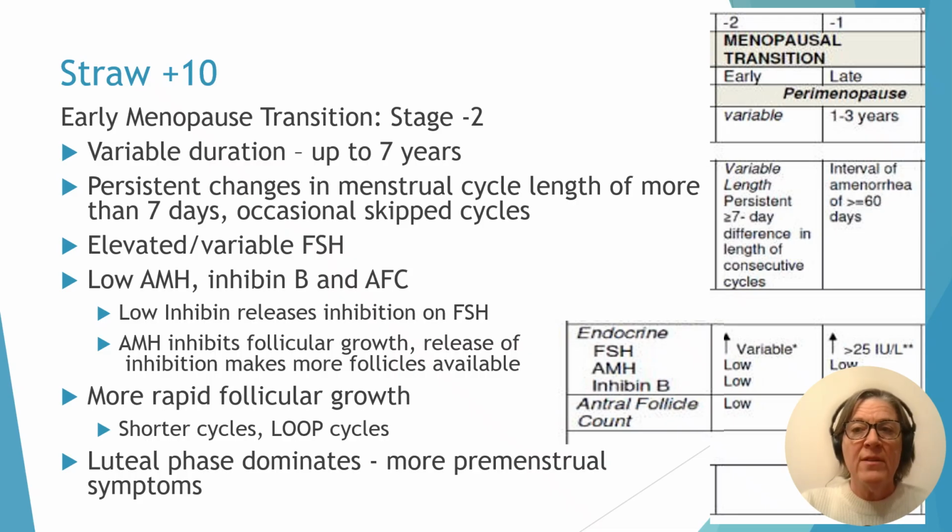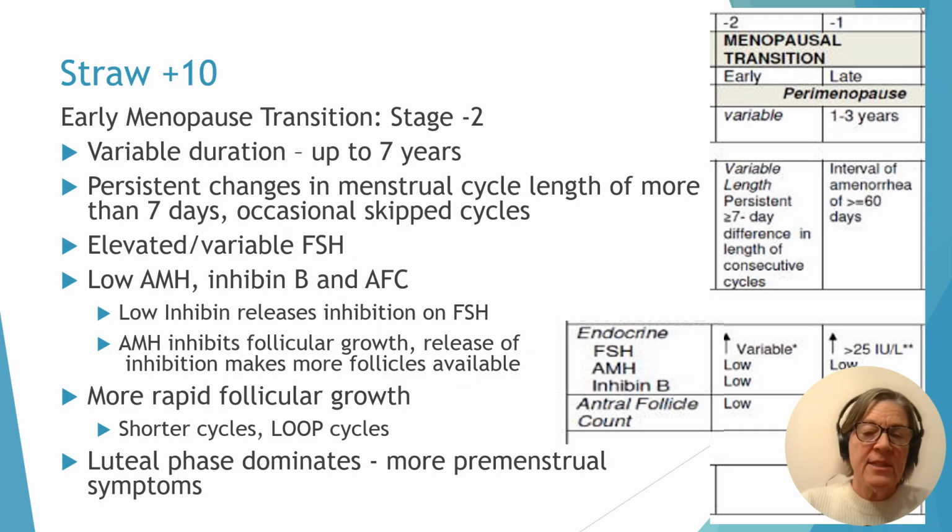So we have more follicles available, and higher FSH stimulating those follicles. So we end up with more rapid follicular growth, which seems counterintuitive, but we start to get shorter cycles and what are called loop cycles, luteal out of phase cycles. And we'll talk about how those work.